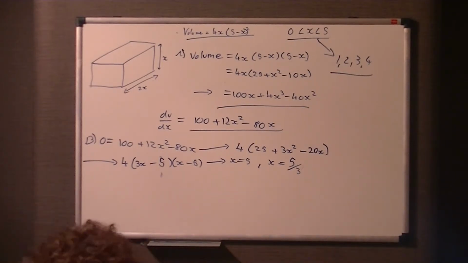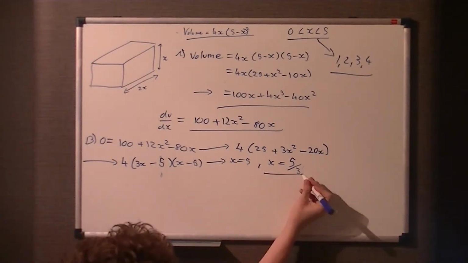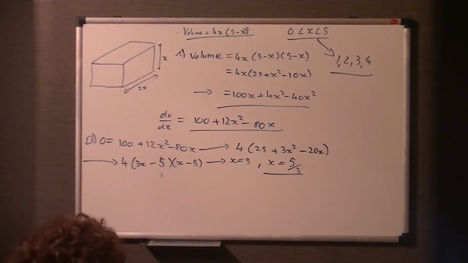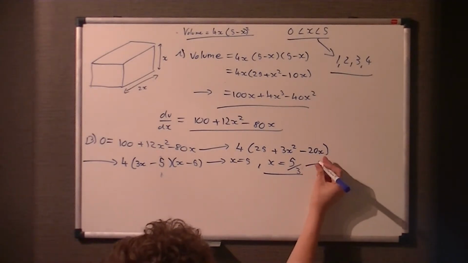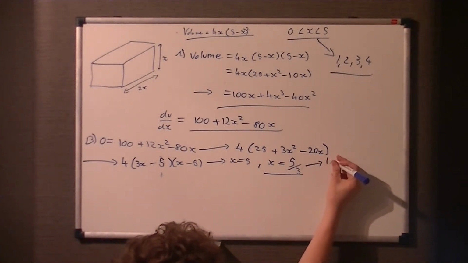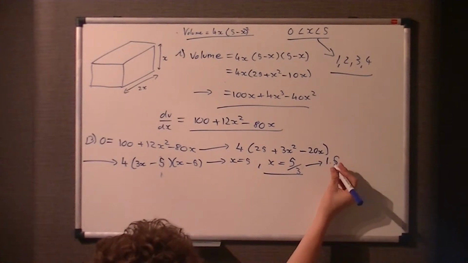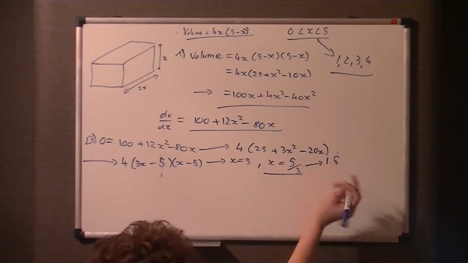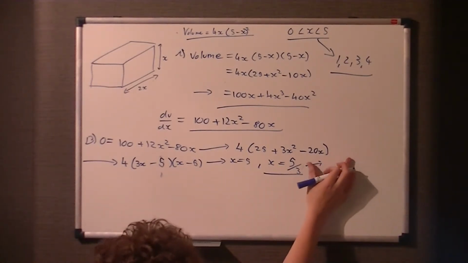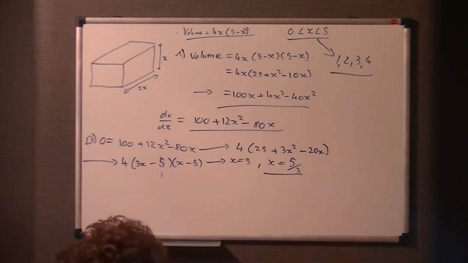So that means it can't be 5, as by power of deduction and logic, you know that 5 is not in that range, and this one is. So that obviously tells you we're going to use that one. If you wanted to do it on your calculator, this comes to about 1.6 recurring, but I'm just going to leave it as a fraction because it's a lot easier to use.